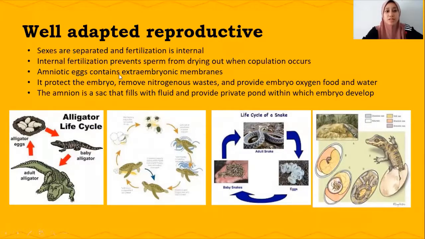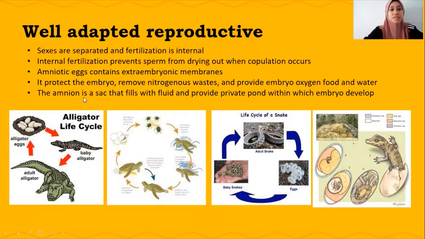Amniotic eggs contain extra-embryonic membranes. These extra-embryonic membranes give many advantages to the eggs. They can protect the embryo, remove nitrogenous waste, and provide the embryo oxygen, food, and water. So they don't have to rely on their birth mother to provide all of the food and oxygen to grow bigger before they are born.